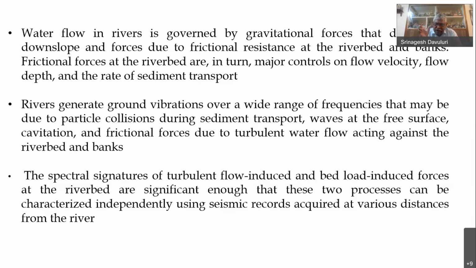So the spectral signatures, if you take this seismogram, the time series, and take its spectrum, the signatures of turbulent flow induced, that is the turbulent flow spectral signature, and the bed load induced forces, that is the bed load and the water when it is flowing and the drag which is created at the riverbed, are significant enough, and these two processes can be characterized independently using seismic records acquired at various distances from the river.